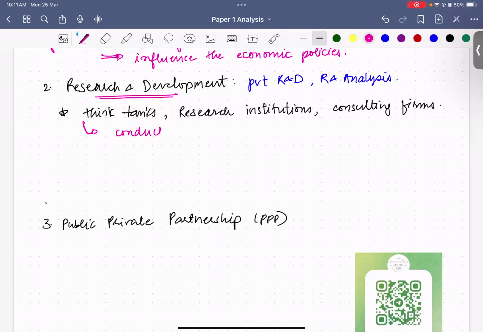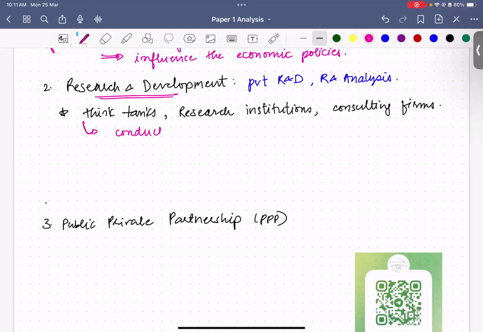Okay, so this particular ADR works for advocacy of policies. Okay, in democratic terms. All right.